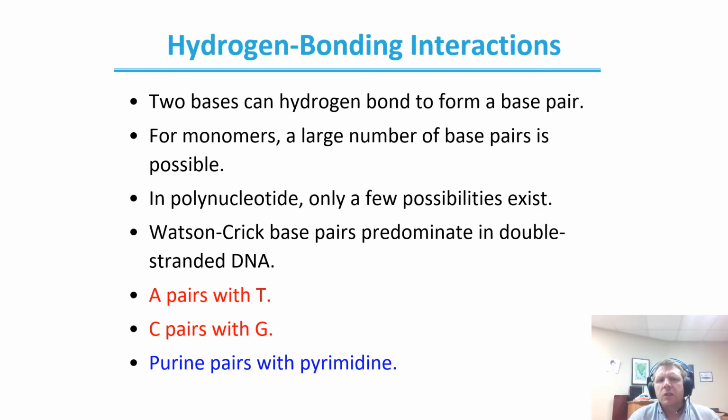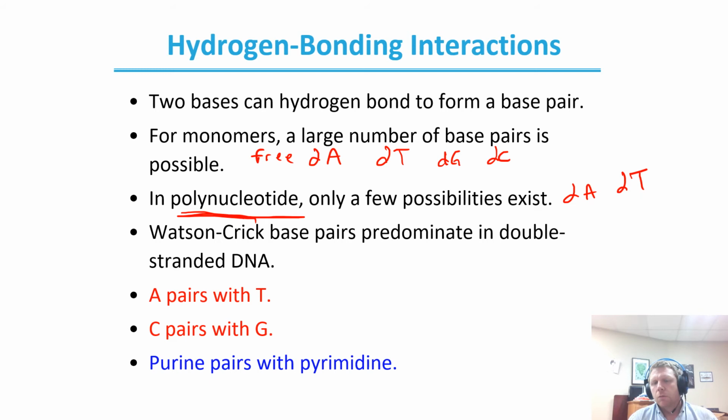So what this means is if you had free dA, well, that could maybe form a hydrogen bond with dT, dG, dC. But whenever we talk about it in a polymer, well, then you have some limitations. So then dA is going to pair with dT within this polynucleotide structure. dG is going to pair with dC.